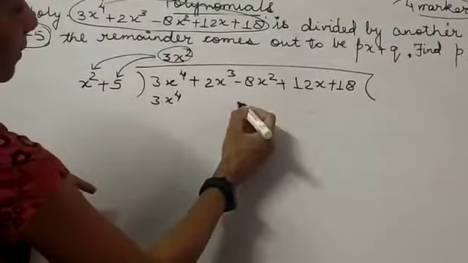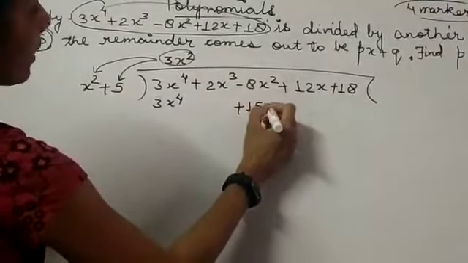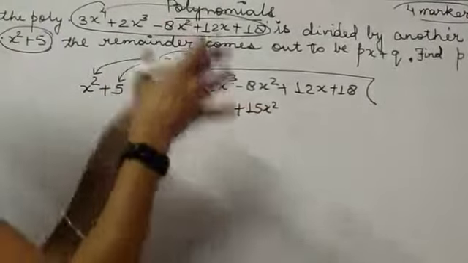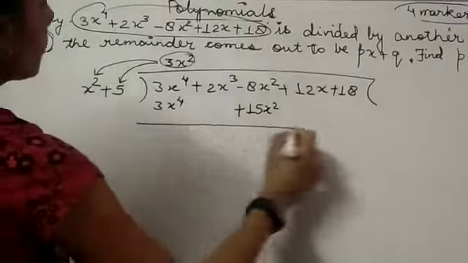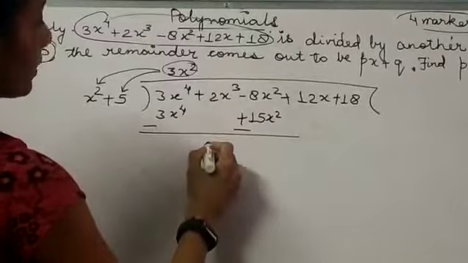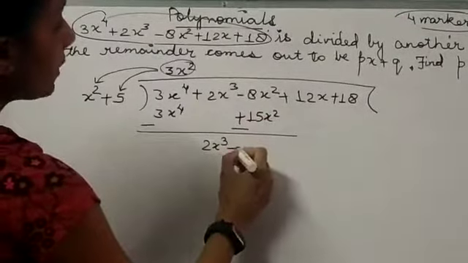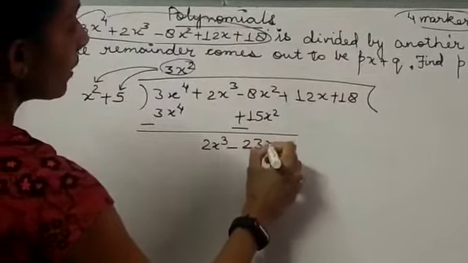So I am writing it under minus 8x square plus 15x square because like terms to be written together. Now I am subtracting it. So I'll be getting this 2x cube down. Minus 8 and minus 15 will be minus 23x square.